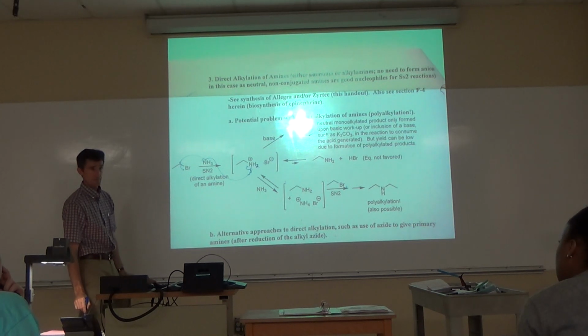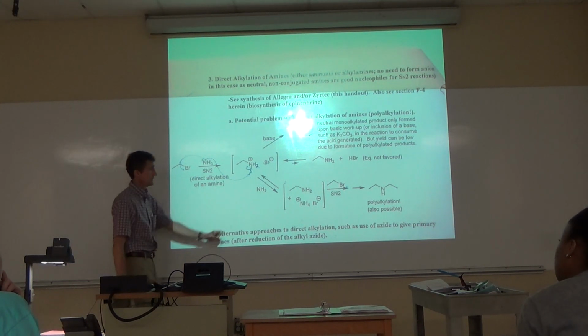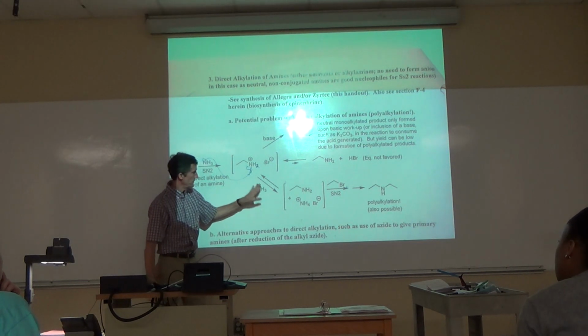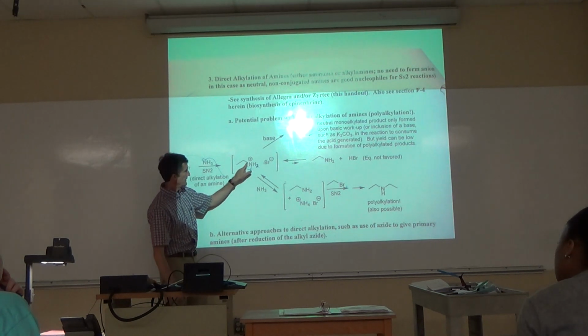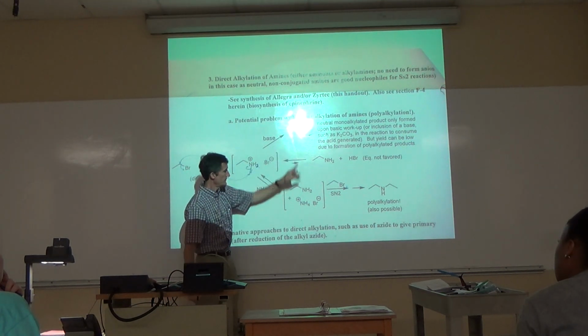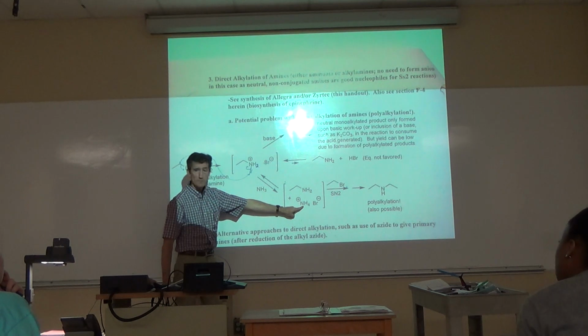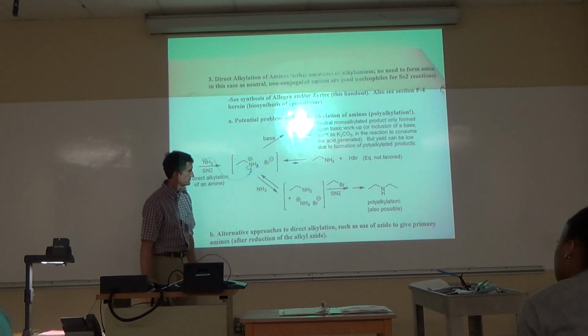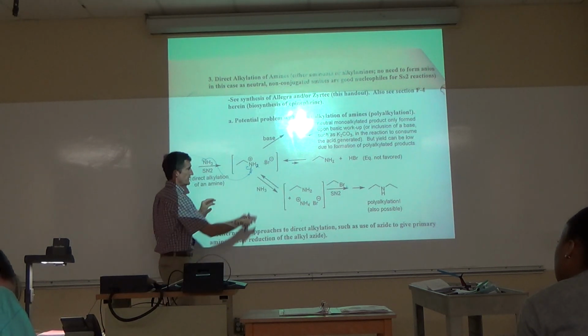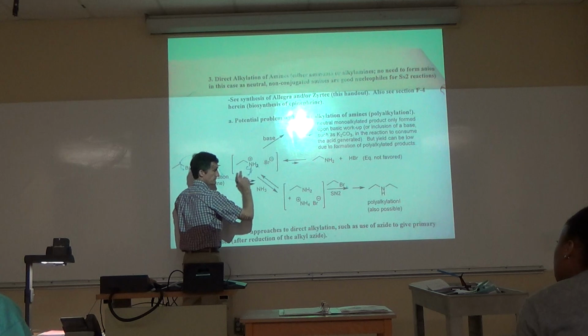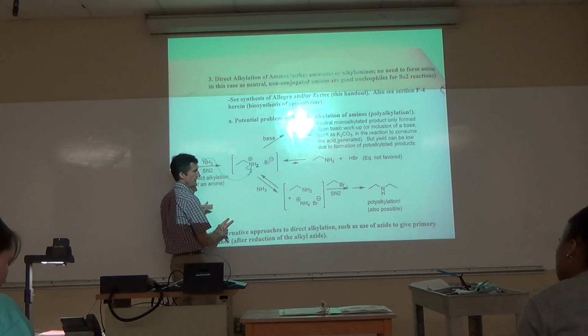What would that give? With ammonia, we can get this. It gives you your neutral amine, just like up there, but then now the ammonia has the H and it becomes ammonium, and the Br minus is still here. But this becomes an equilibrium, and neither side is really favored.